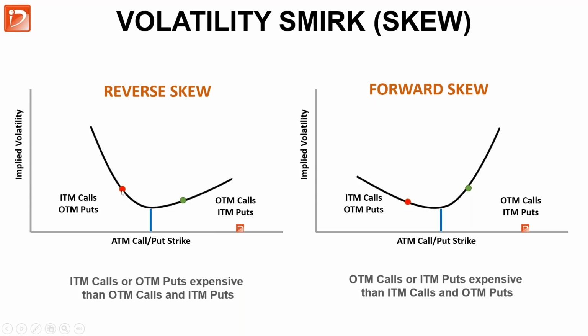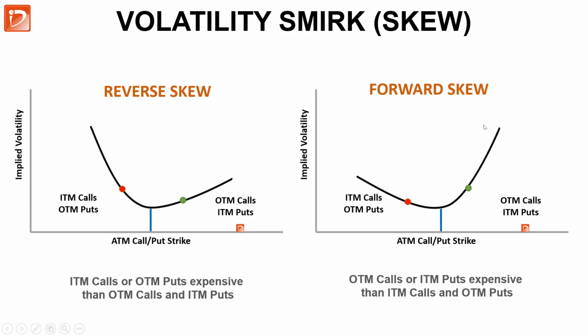In this case, if you look at the distance from the at the money strike or the spot price, the put option is more expensive and therefore has a high IV value compared to the equidistant call option. And this is called reverse skew or the downside volatility skew.